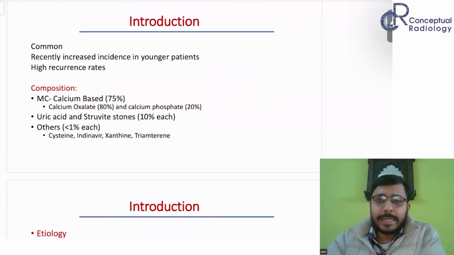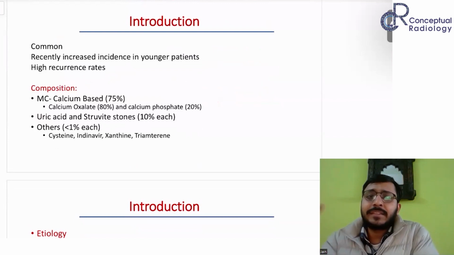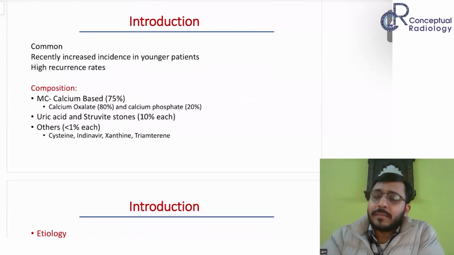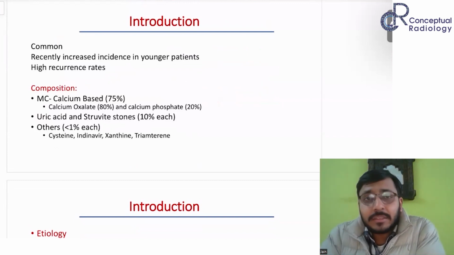We know that renal stone disease is a very common pathology that you see day in and day out. Recently we have seen that the incidence has gradually increased even in younger patients. When I sit in my OPD doing ultrasound, even patients of 25 to 26 years have renal stone disease, mainly because of the water that we consume.